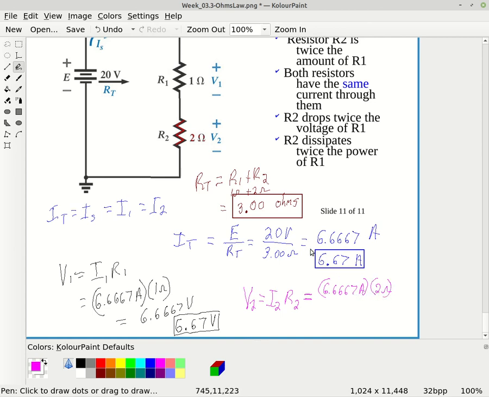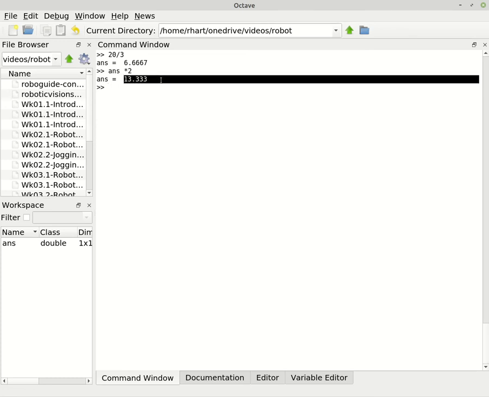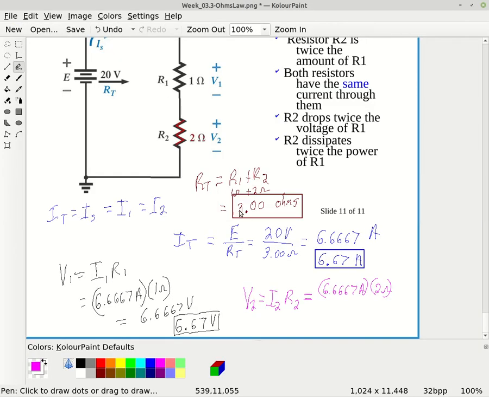If we calculate that, we take this answer times 2, which gives us 13.3, and these 3's just go on forever, but we get 13.33333. I just wanted to show you that.